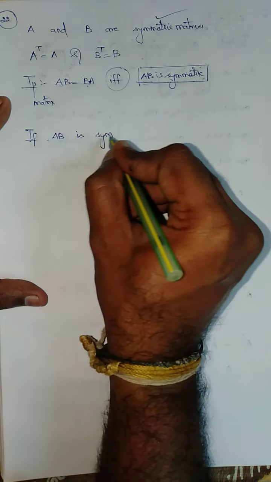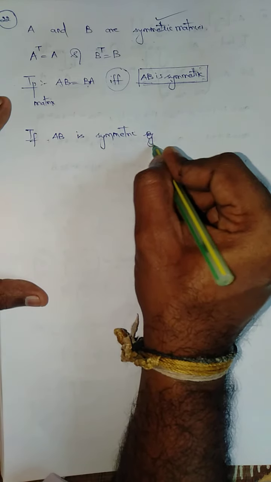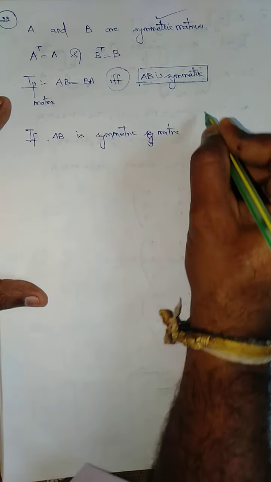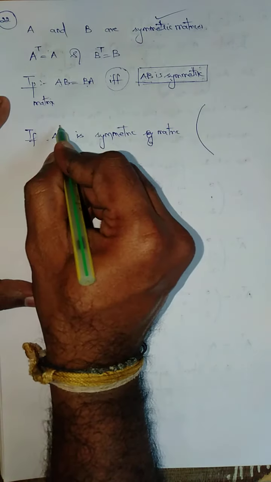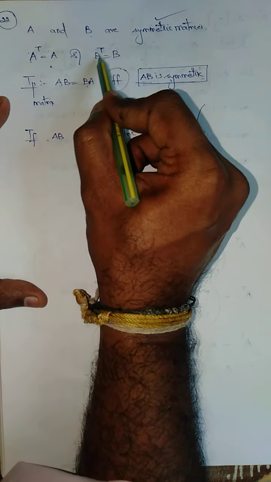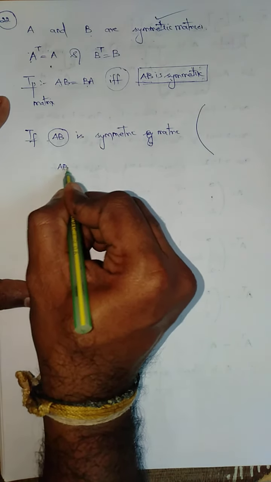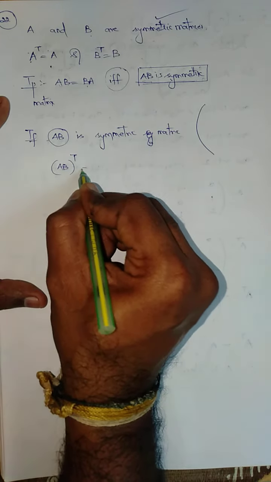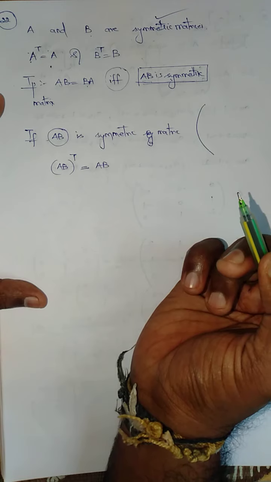If a matrix is symmetric, what is the formula? A transpose is equal to A. If B is a symmetric matrix, B transpose is equal to B. If AB is a symmetric matrix, then AB transpose is equal to AB. AB the whole transpose is equal to AB.